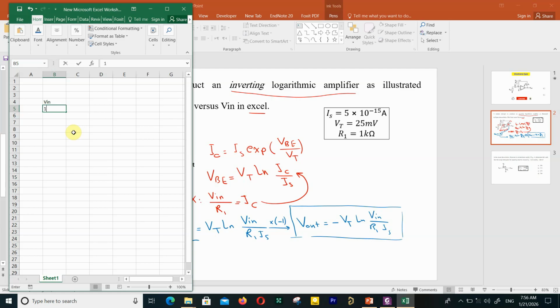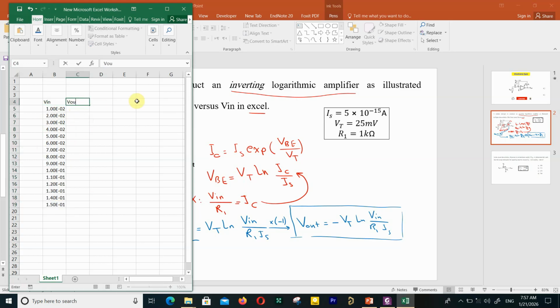For example, I start with 10 millivolt, 10 E minus 3, which means 10 millivolt, and the rest would be, for example, 20 millivolt. And you can just choose both cells and continue so on, so you can see the result for that.